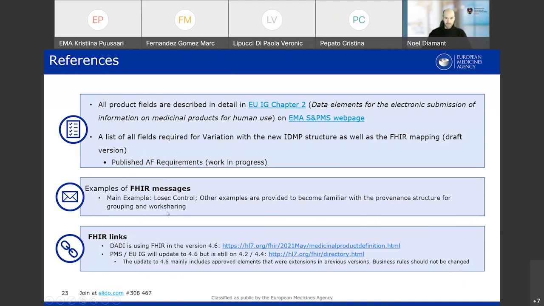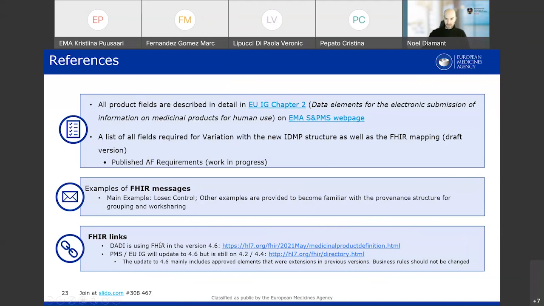There is a main example, which is the LOSA control example that many of you know, but we will also provide other examples, mainly because LOSA gives you information on how the product looks in conjunction with a variation message, but it doesn't contain groupings and super groupings and IGs and work sharings. So for those, and to understand how the provenance works, we have prepared around 12 examples of different messages, and we will share them as well.